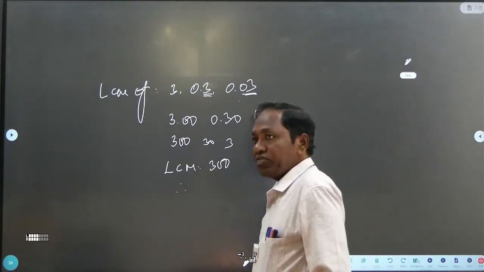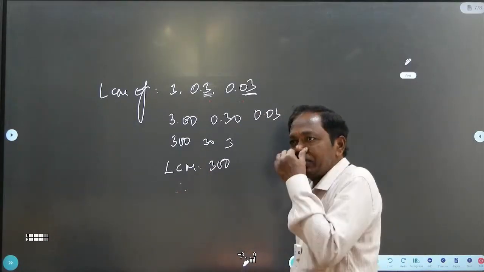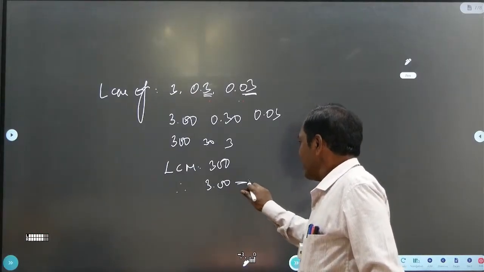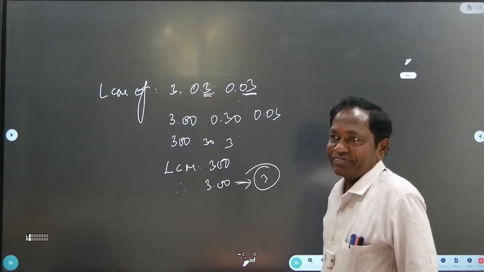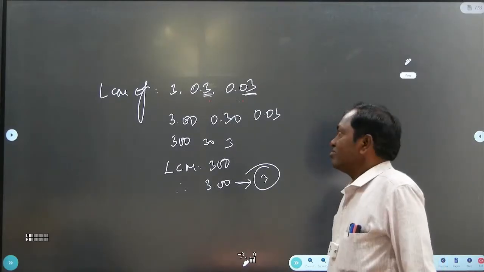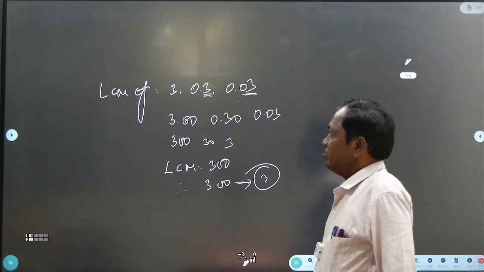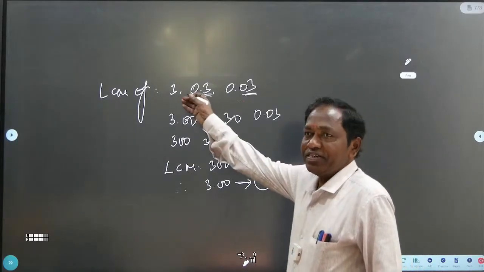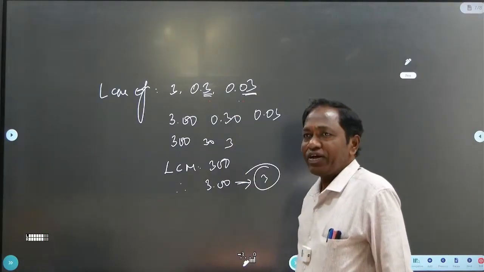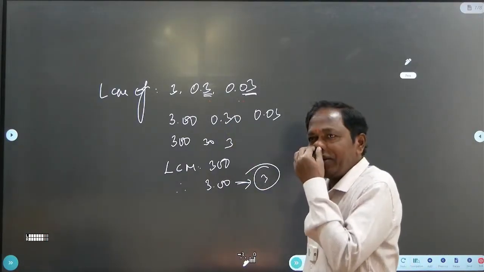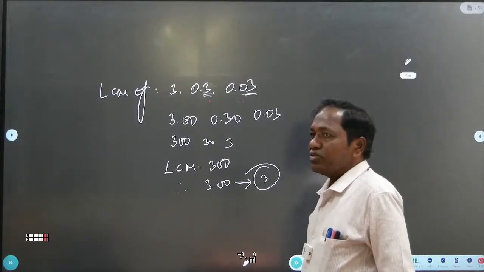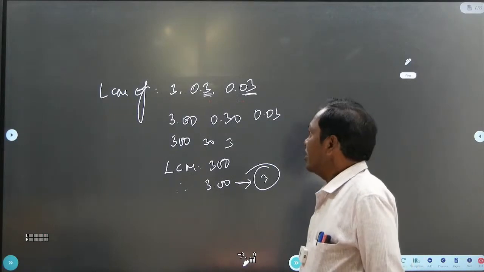But for the final answer, how many decimals have we adjusted? 2 decimals. So 3.00, then 3 is the LCM. Which is the greatest number here? 3 is the greatest number. Left of the decimal is a whole number, right of the decimal is less than 1.